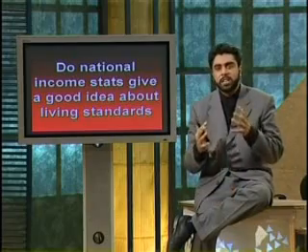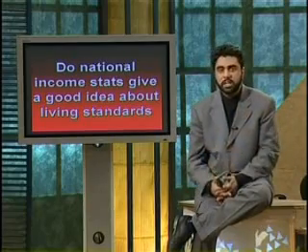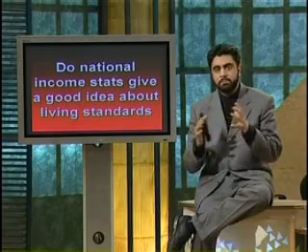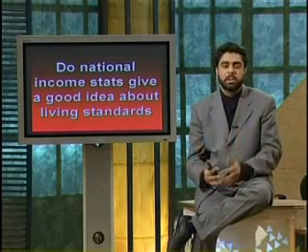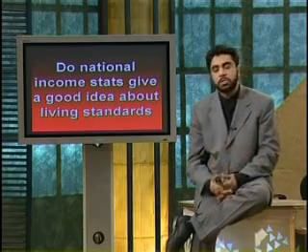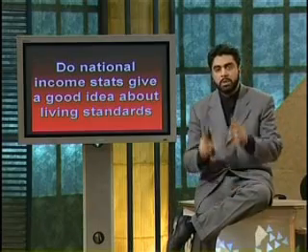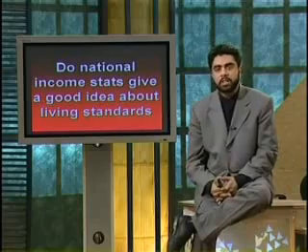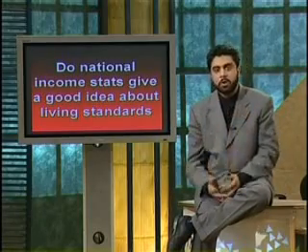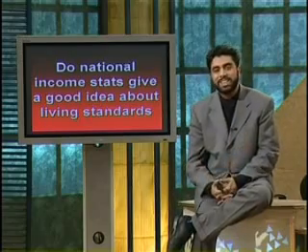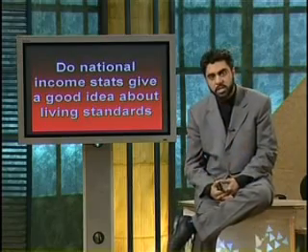Now, this tells us something about living standards, that the mean individual in Switzerland is earning much higher incomes than the average individual in China. But the one point that it does not capture is the purchasing power of the $470 that an average Chinese person is earning.